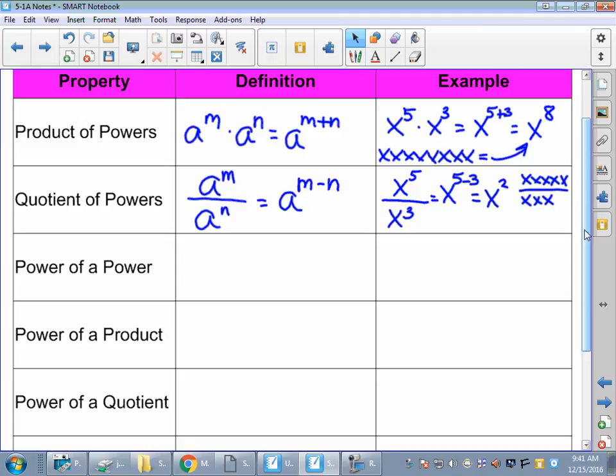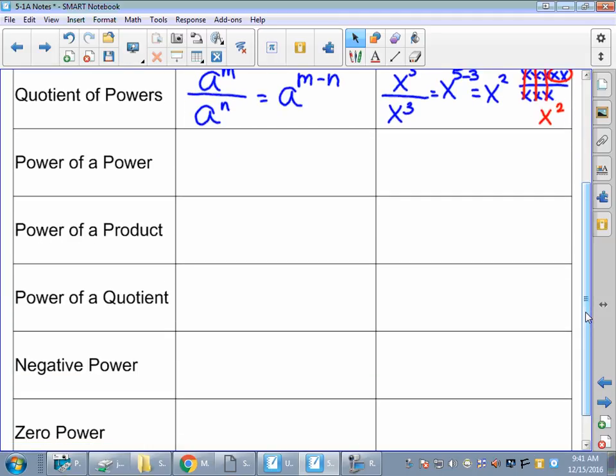But anytime you get an x divided by an x or a number divided by itself, it turns into a 1. So these 3 all turn into 1s. So 1 times 1 times 1 times x times x becomes x squared. So again, you can expand it out. The expansion is what the rule is based on. It allows you to not have to expand it, but there's no rule that says you can't expand it.